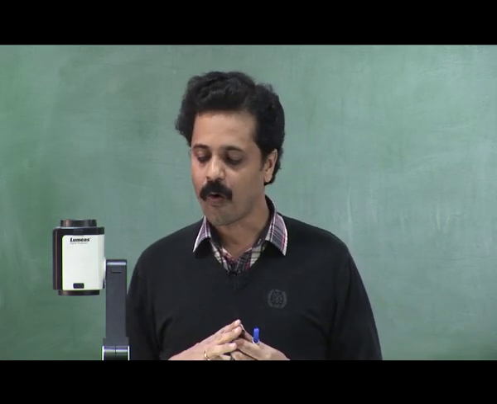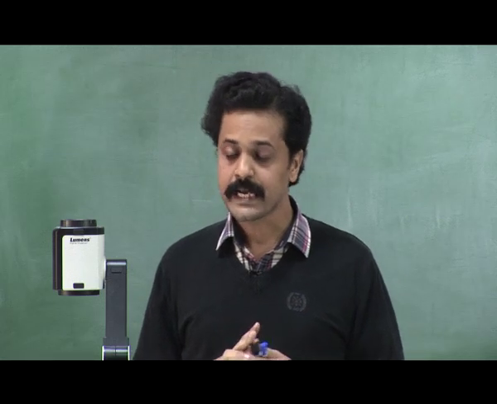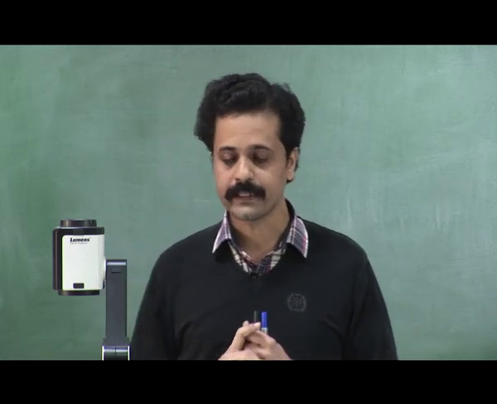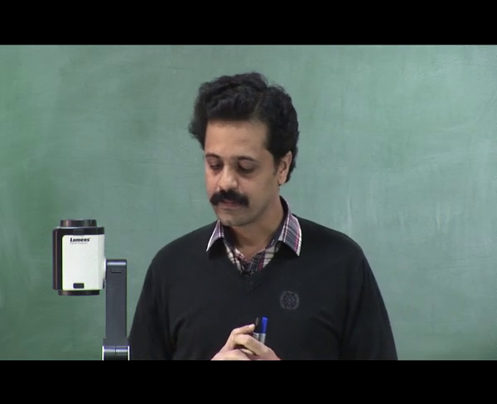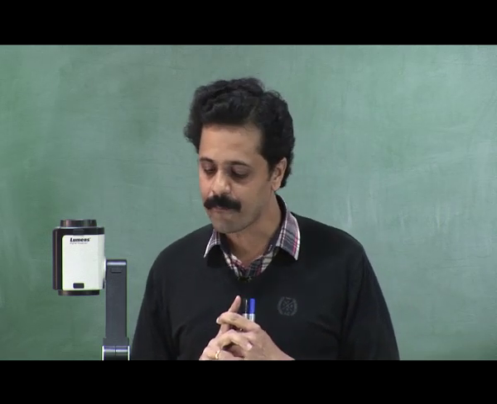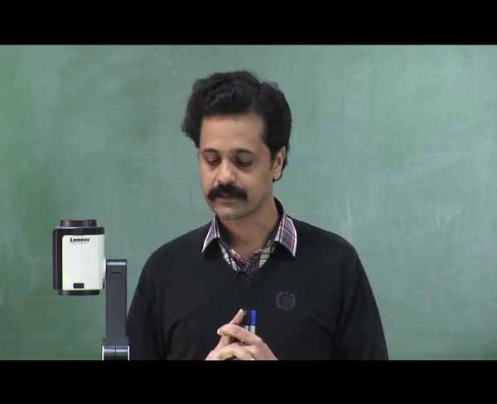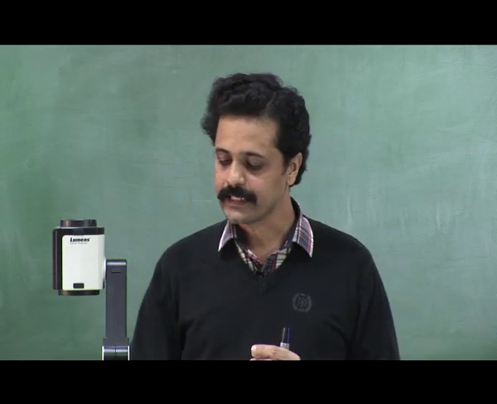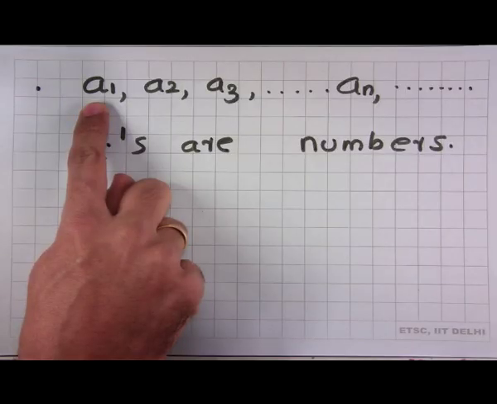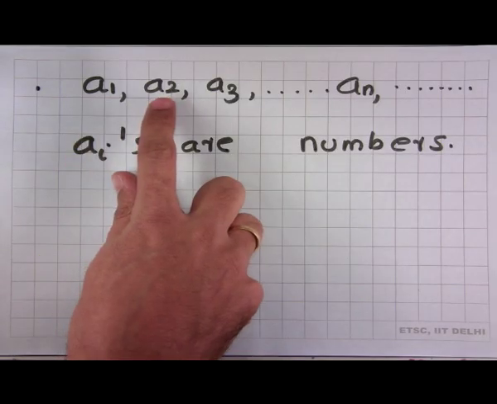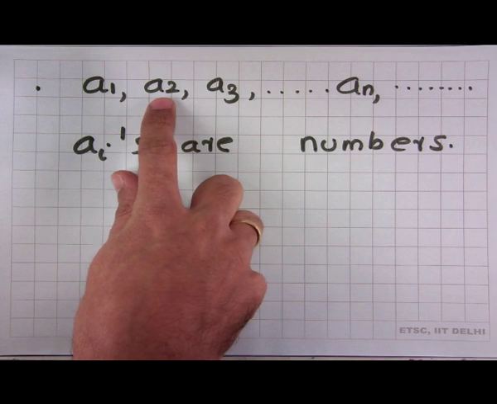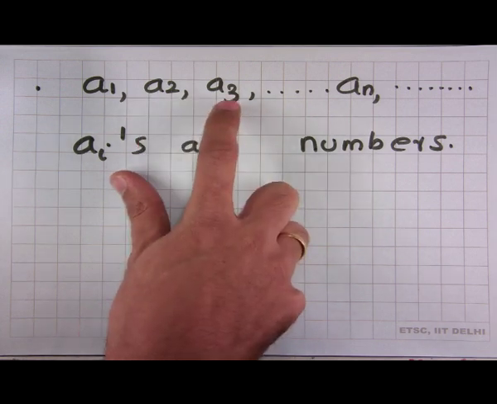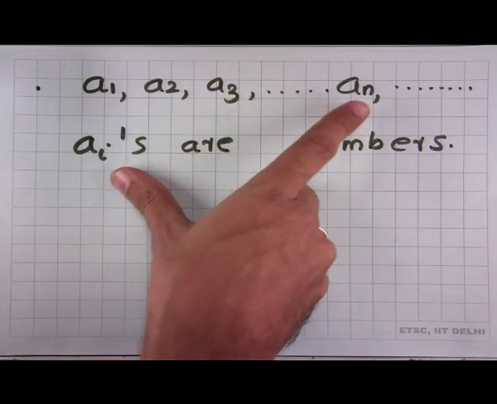When I say ordered, it should be borne in mind that the first member in the list of A1, A2, A3, so on, AN is A1. Second number in the list is A2. Third number in the list is A3 and so on.